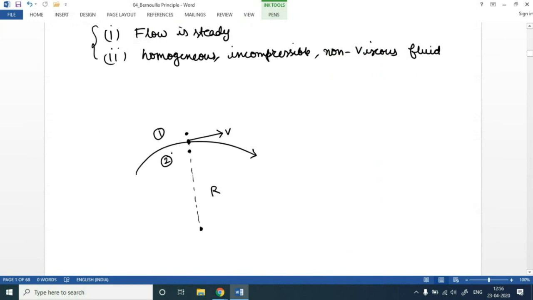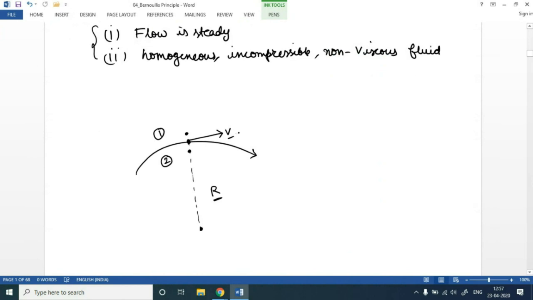We wish to find out: is there any difference of pressure between point 1 and 2? And if there is, at which point, 1 or 2, is the pressure greater, and what is the pressure difference? What quantities are given? The radius of curvature at this point, r, is given, and the velocity of the flow at that point on the streamline is given to us.